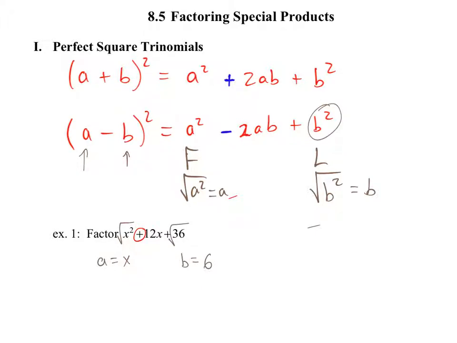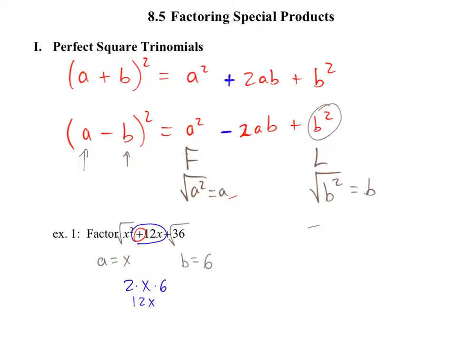But the question is, does what comes after that plus fit this 2ab? Well, 2 times a, which is x, times b, which is 6. Do you agree that just gives me 12x? Which fits my 12x right there, agreed?